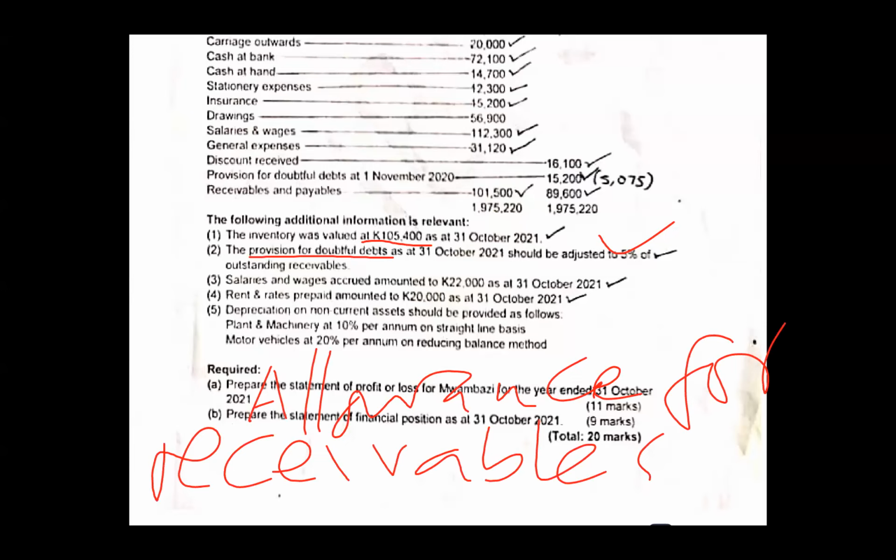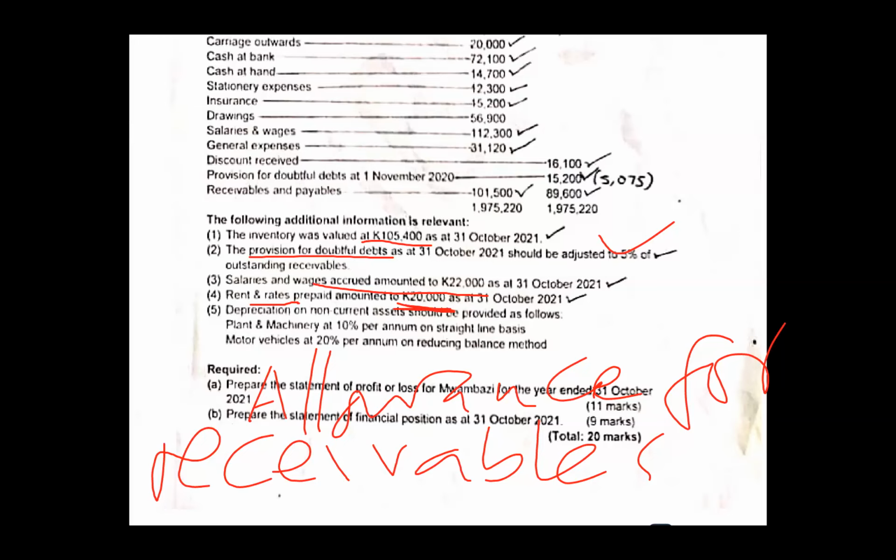Then you are given the salaries and wages accrued. These are accrued expenses. We know how we treat accrued expenses: they are added to those respective expenses in question. And you have the rates and the rent prepaid. These are prepayments, so they are subtracted from the expenses in question.